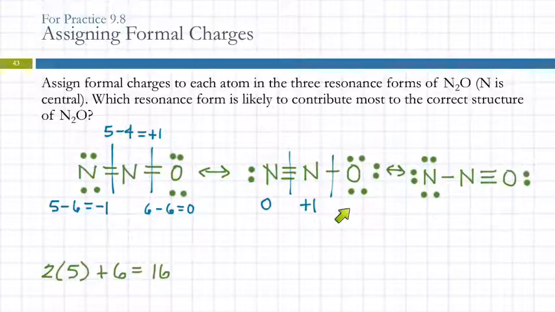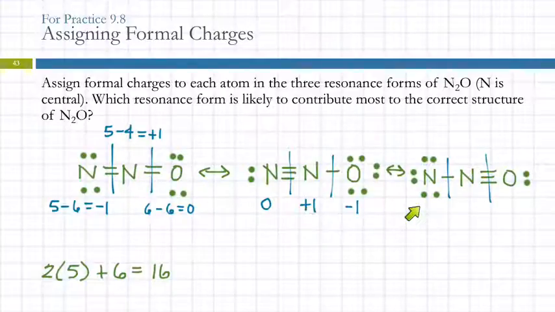Oxygen brought 6, and it's leaving with 7. So that's -1. Notice, this is a neutral molecule. The formal charges, -1, +1, and 0, add up to the overall charge, which is 0. And the same is true here. If they don't add up, then something's wrong with what you did, not with the molecule.